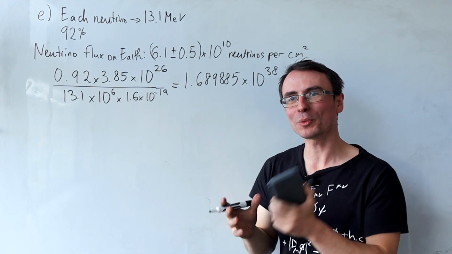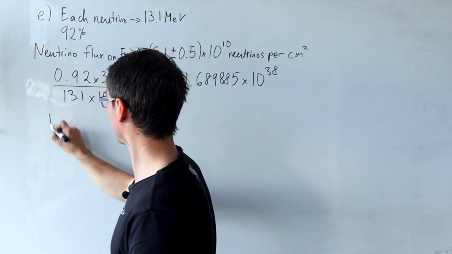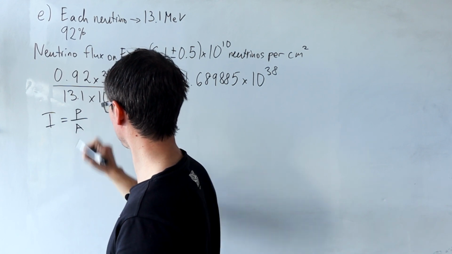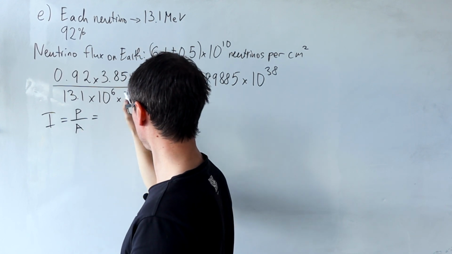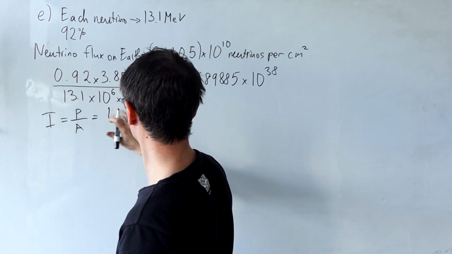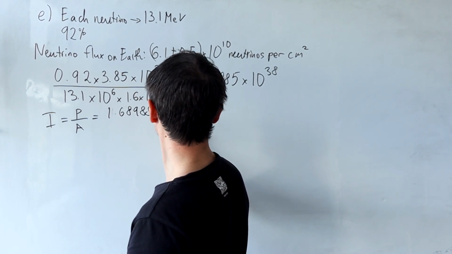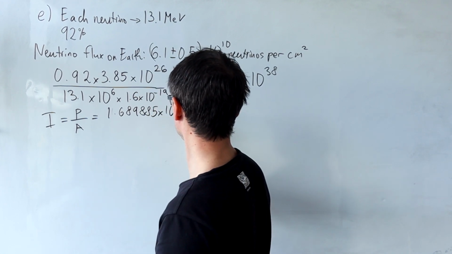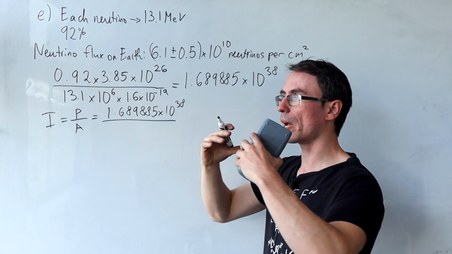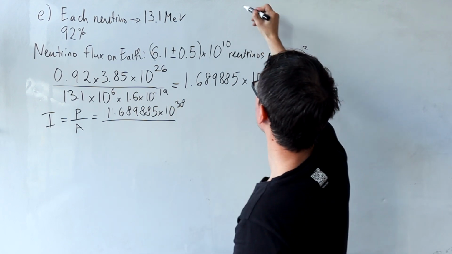Now, how many of them do we expect to be on Earth? I'm just going to use the fact that intensity is given by the power divided by the surface area. So I am going to take 1.6898885 times 10 to the power of 38 and divide it by the surface area of a sphere, exactly identical to the power drop of a light bulb.